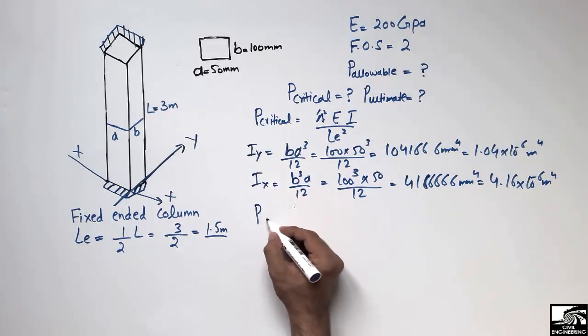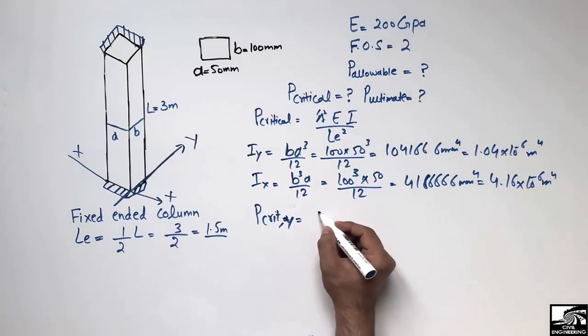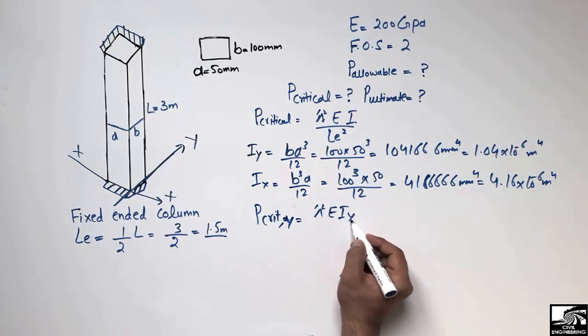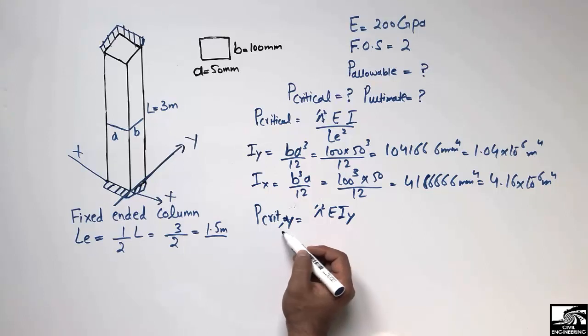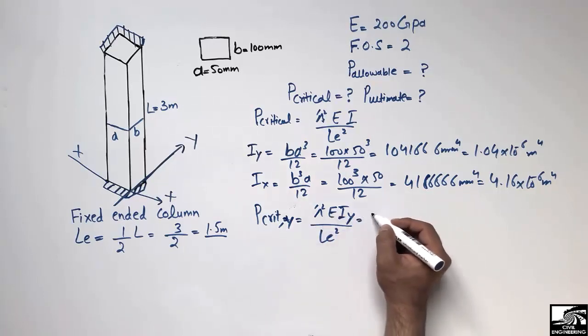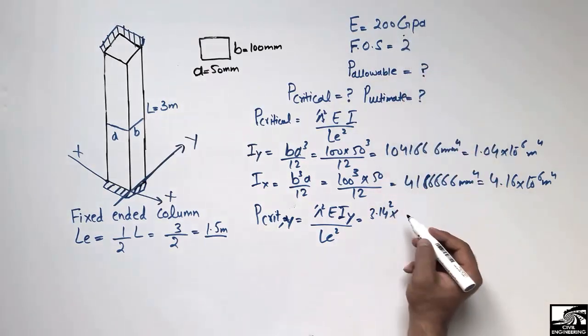Now to find out the P critical along each axis. Along the y-axis first, we have to use pi square E I, and I should now have the y subscript because we are calculating the P critical along the y-axis, divided by LE square. So pi square is 3.14 square, E is 200 gigapascal.